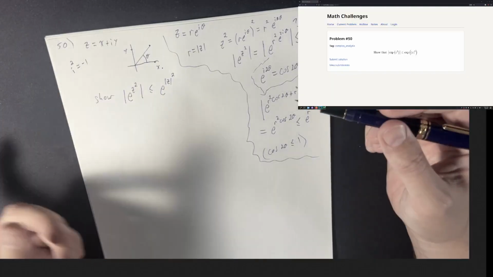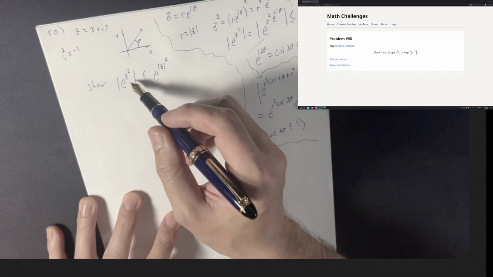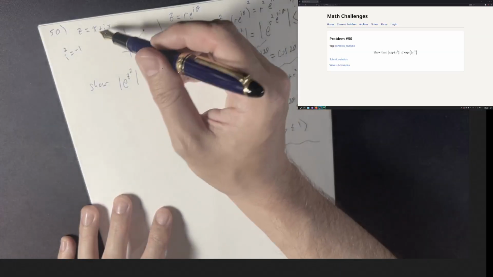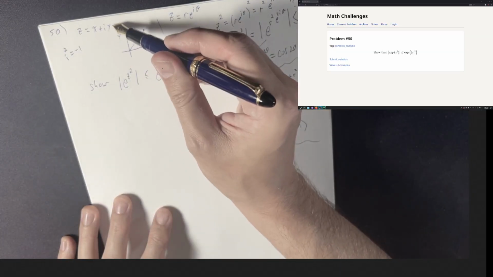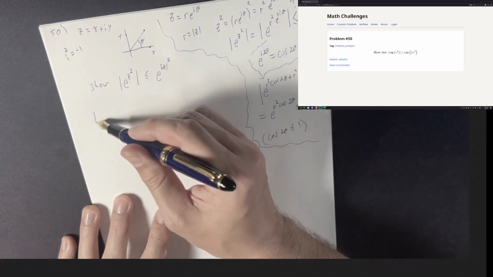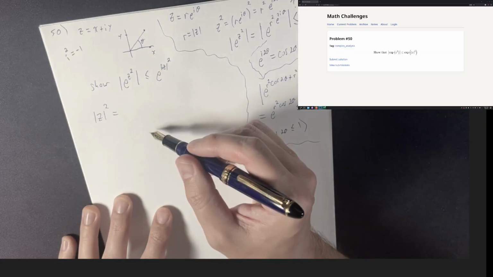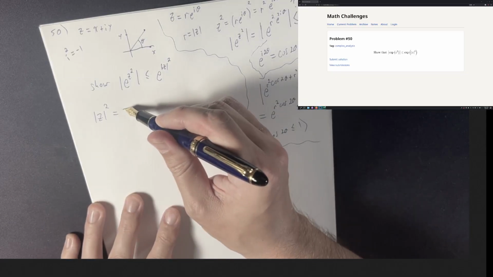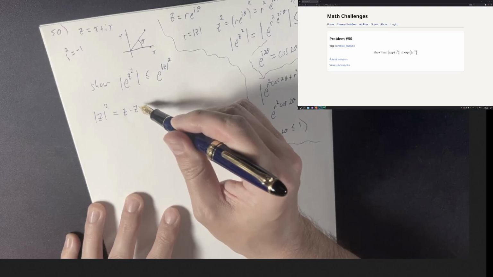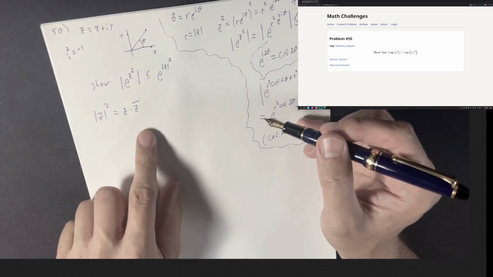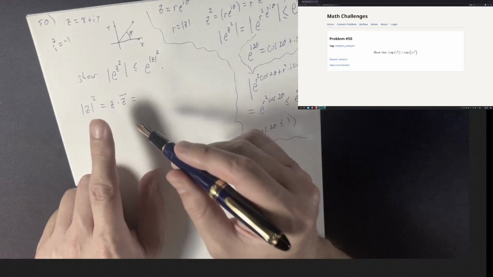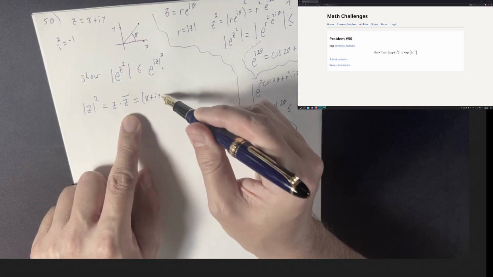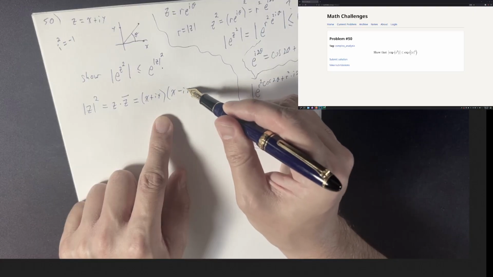Anyway, I was going to do this in Cartesian coordinates, just regular rectangular coordinates. In that case, when you take the magnitude of z squared, you're taking this coefficient squared plus this coefficient squared. Often early on in complex variables, to make sure you know this is true, you multiply z by its conjugate, meaning here's z, and its conjugate is x minus iy.